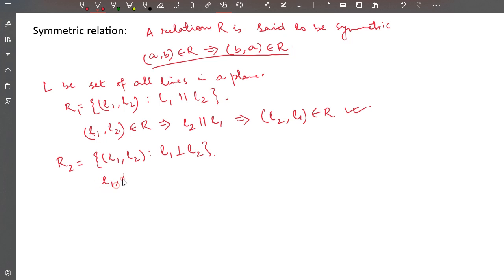L1 and L2 are related. What does this mean? L1 is perpendicular to L2. You can say L2 is perpendicular to L1. That means (L2, L1) are related.